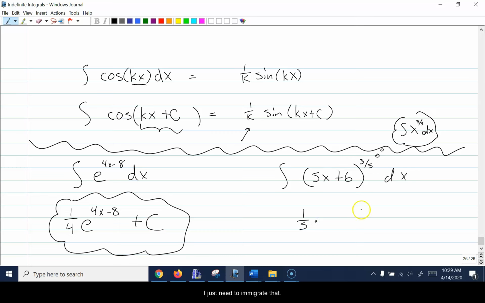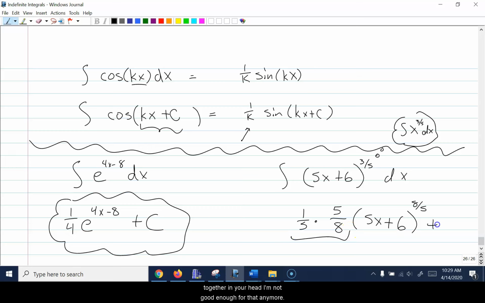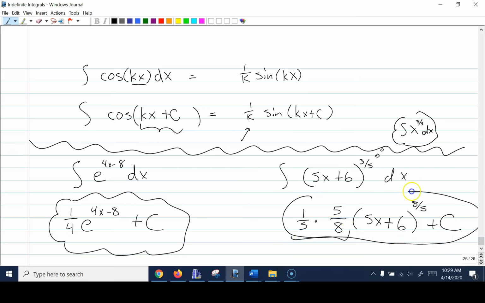Now I just need to integrate that. I add 1 to the exponent. 3/5 plus 1 is 8/5. I divide by the new exponent out front. I get 1/5 of 5/8. If you're really smart, you can multiply these two fractions together in your head. I'm not good enough for that anymore. The 5's cancel, if you want to simplify it.